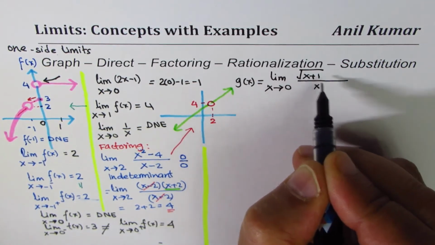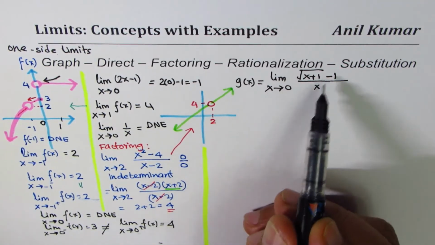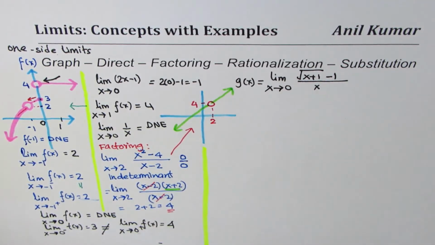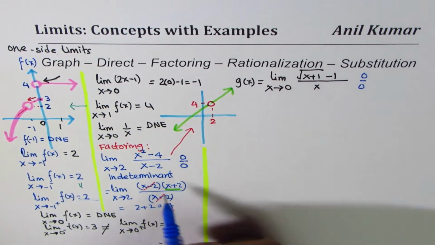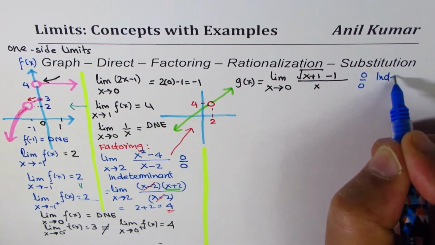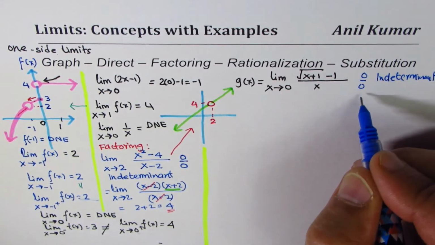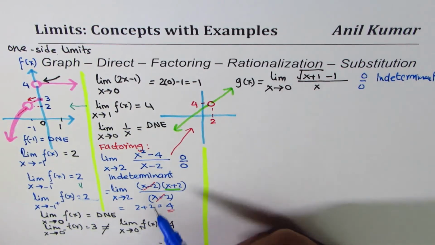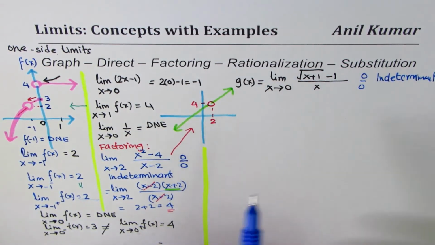So if I write 0, I get 1 minus 1. Perfect. If I substitute 0 here, as you can see, you will get 0 over 0. It's an indeterminate, right? So whenever you get indeterminate, you could apply these techniques, which are factoring, rationalization, and substitution.